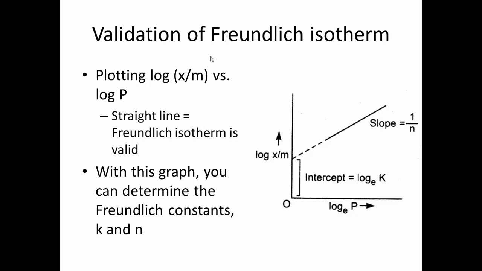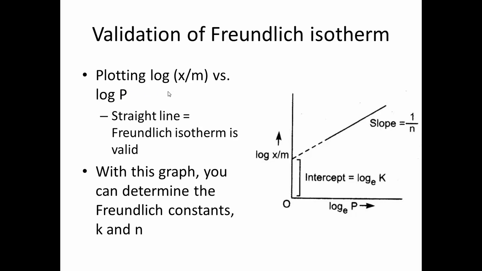So we can validate the Freundlich isotherm and at the same time get our constants by linearizing it. So we take the log of X over M and the log of P, and in this case we consider the log of e, or the natural log here. You could potentially also do this with log 10 as well, but this is the natural log here.